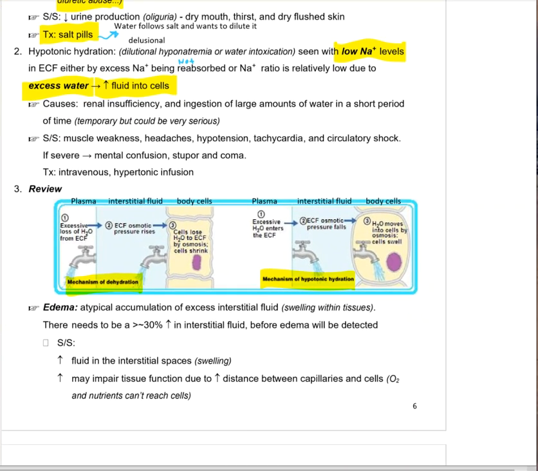One thing that's always problematic is if we have too much water, then we swell things and we push things away from each other, and it takes longer for nutrients to go from one side of the cell to the other, to go from the blood into the interstitium, into the cell. And too much water actually slows all those processes down and can cause lots of problems.